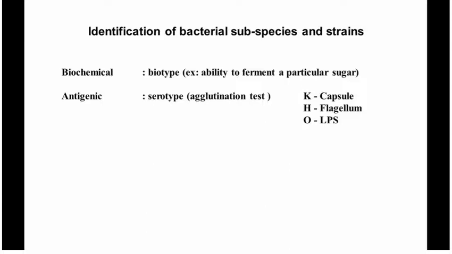And so if you look at the droplet of the suspension of bacteria and the latex beads, if you've got a negative result, you just have a uniform suspension of bacteria and the latex beads, whereas if you have a positive result, then you'll have clumps of bacteria and beads agglutinated together.